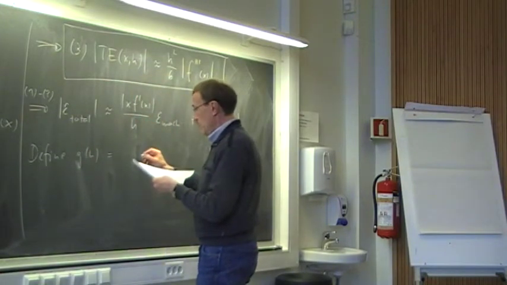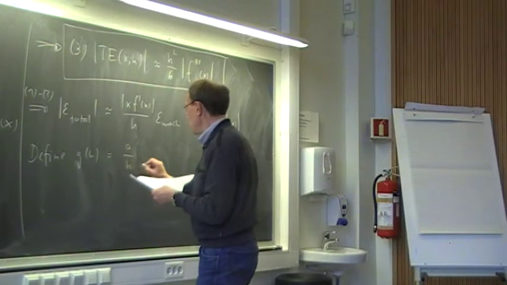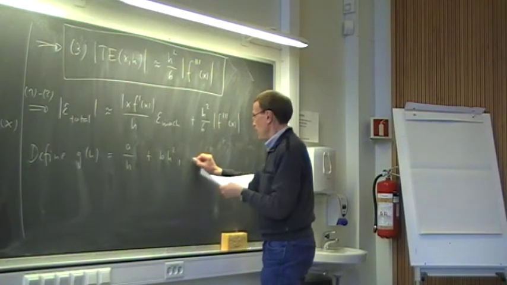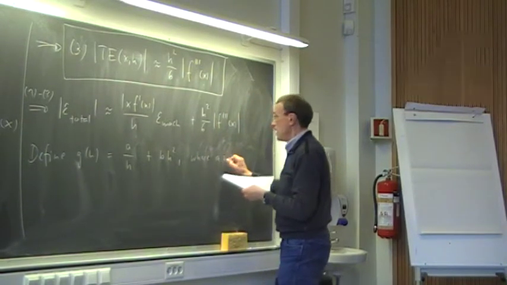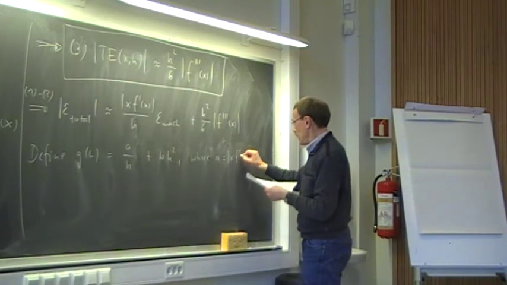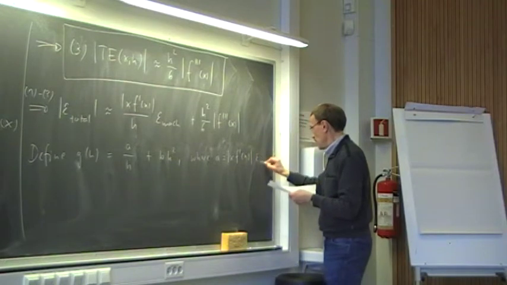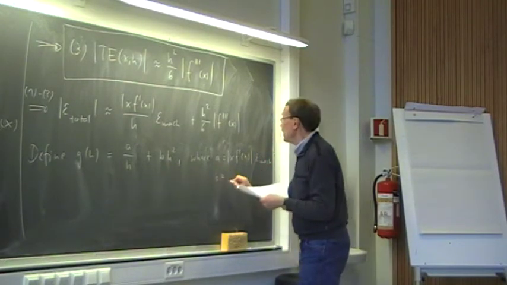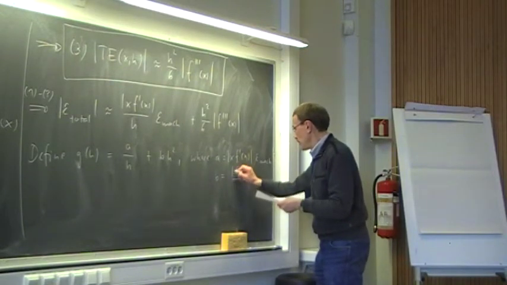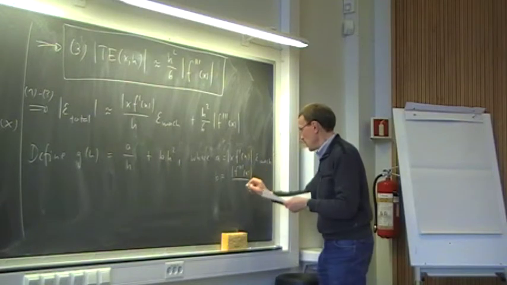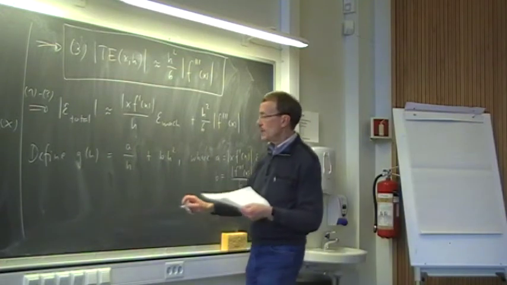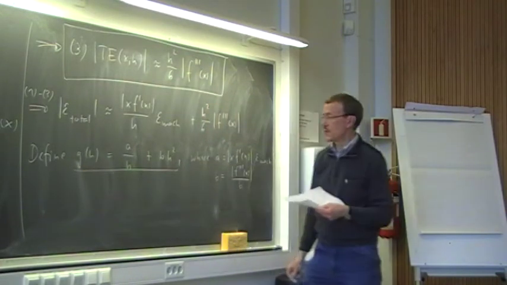We define that in this sense as a over h plus b times h squared, where the a is what is coming from here, that is x f prime of x machine epsilon, and the b is coming from here, that is the third derivative of f with respect to x absolute value divided by 6. Because then we can more easily do the analysis with this function.